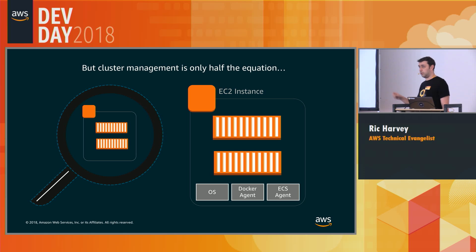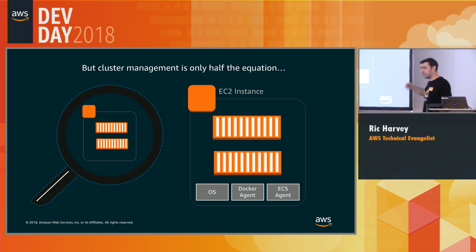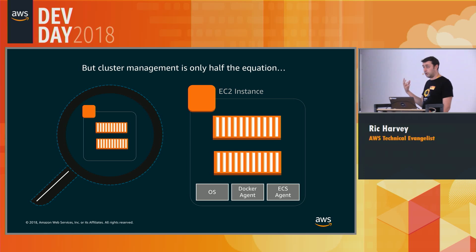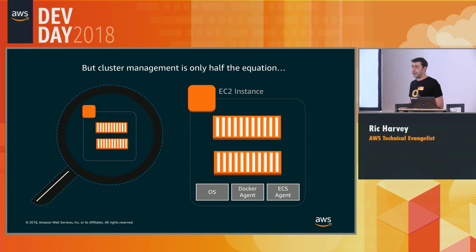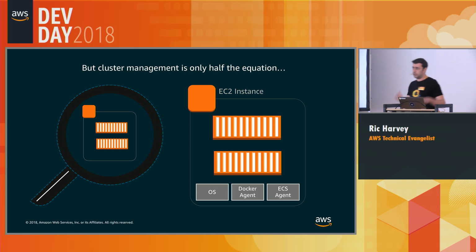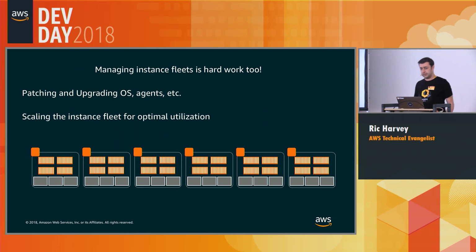And in the console, you can actually just click things like upgrade ECS agent, and it'll happen for you magically in the background without you having to SSH into each box. But OS updates and Docker agent updates, you've still got to manage that. And this all becomes overhead and time consuming from an operations point of view when you could be out building the cool stuff. Instead, you're looking after the current infrastructure and you're not moving forward.